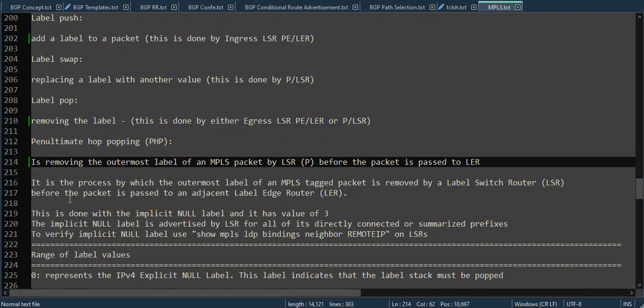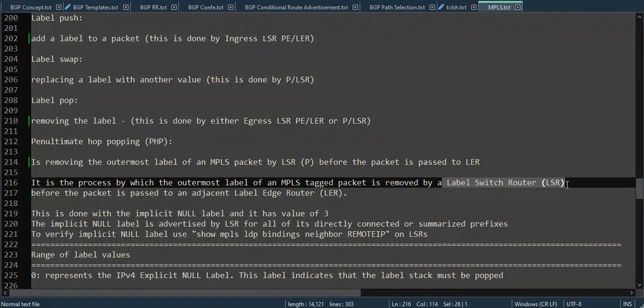It is the process by which the outermost label of the packet is removed by the label switch router or P before the packet is passed to the adjacent label edge router.